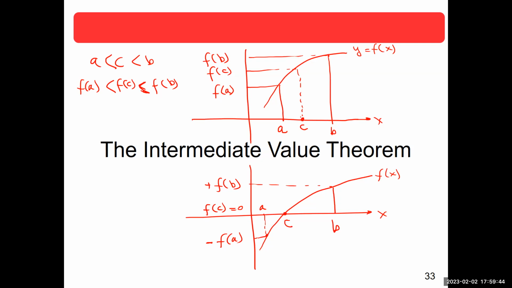So if I have a polynomial and make a table and put a few numbers there, if the y value changes between negative and positive, then definitely there is a point in between that will give me y equals 0. So I have to try values. I'm going to try this, try that, and keep trying until I hit that point. Everything from here to here is going to give me a negative answer. Everything from here to here, a positive answer. So I'm going to go back and forth between positive, negative, positive, until I hit the 0.